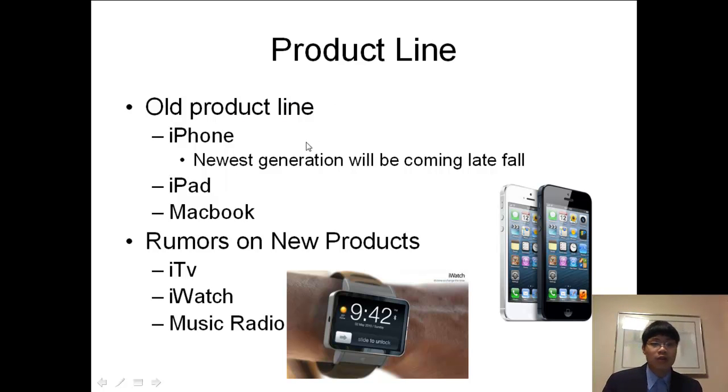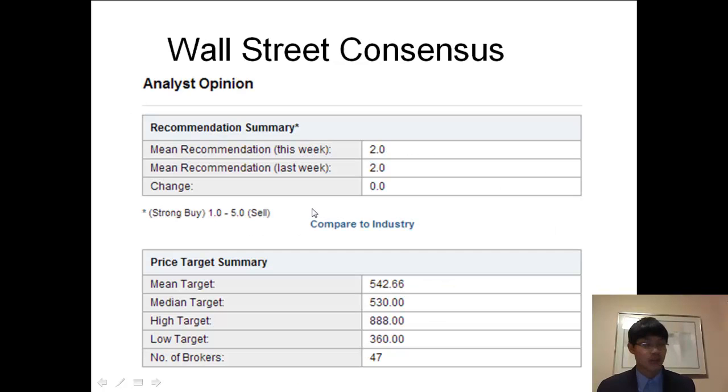On the product line, right now we're seeing the iPhone, iPad, MacBook. That's probably going to be refreshed in the upcoming season. And there are always rumors about the iTV, iWatch, and a music radio service to compete with Pandora. I won't get into that, but we'll see what happens when they actually announce it.